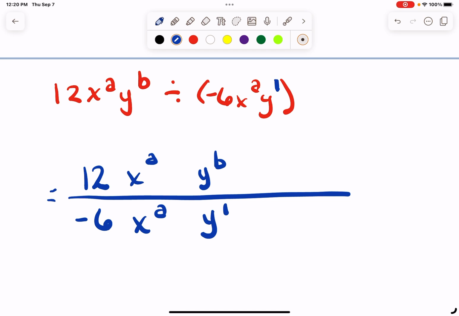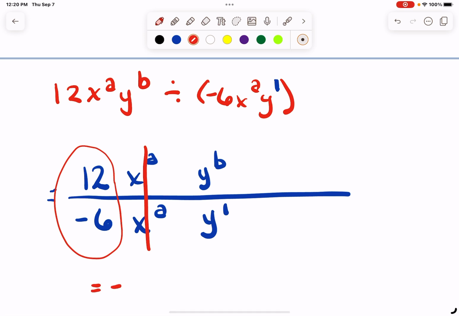So normally we like them when we can just go through and cancel things out. That's what we were doing pretty well with. So the good news is at least these two right here actually match. So I can cancel those. This part right here, if I did 12 divided by -6, that would be -2. Now the bigger challenge is this, because I don't really know what to cross off.